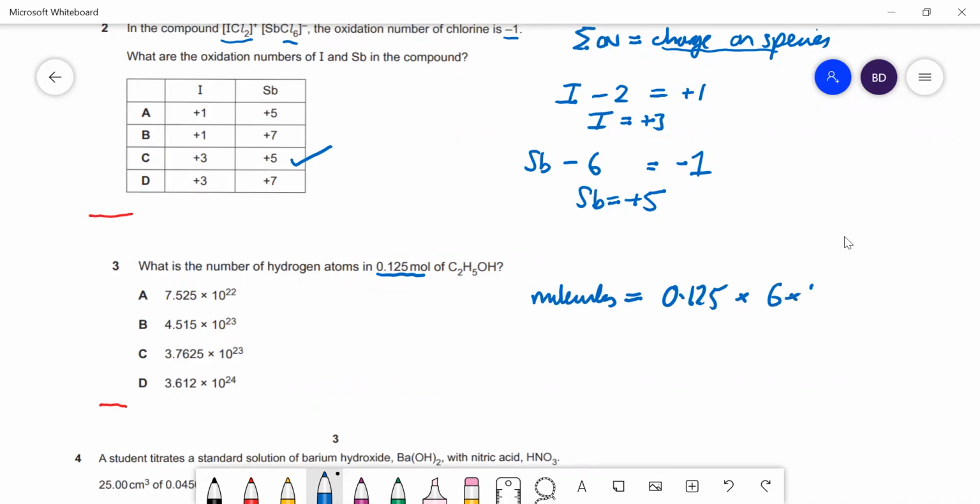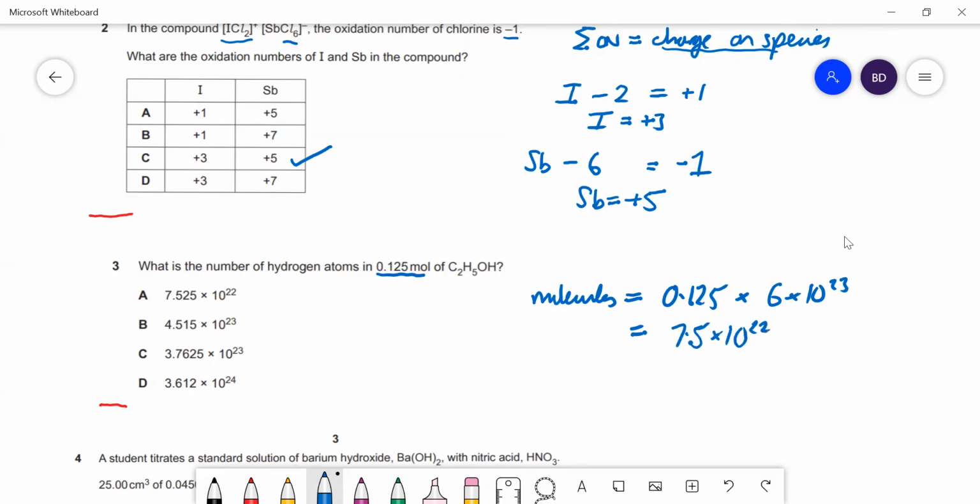I'm just going to call it 6 times 10 to the 23. Again, you don't have to work out the exact number because you just have to choose an option, so save time. That's 7.5 times 10 to the 22.